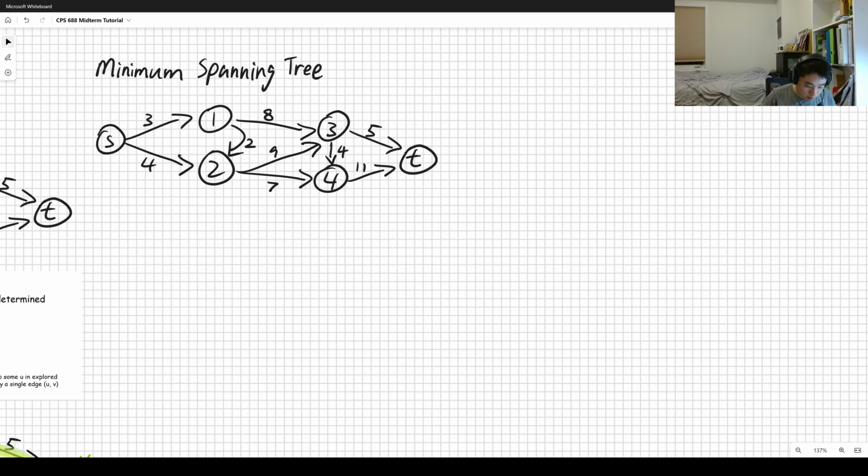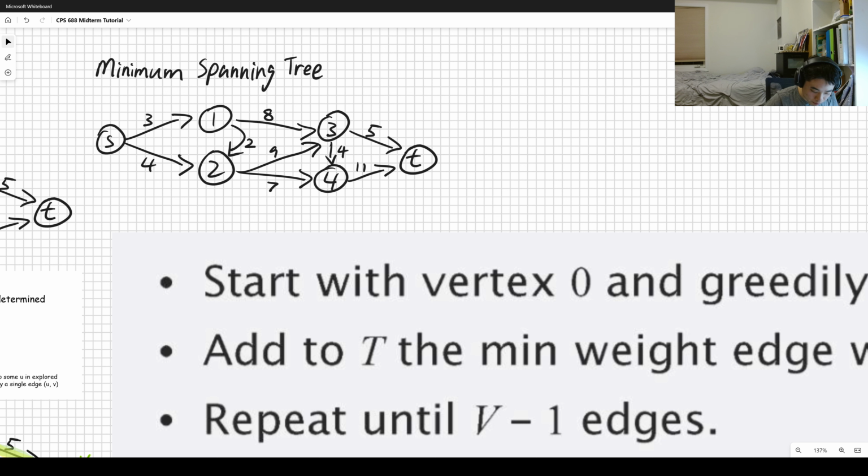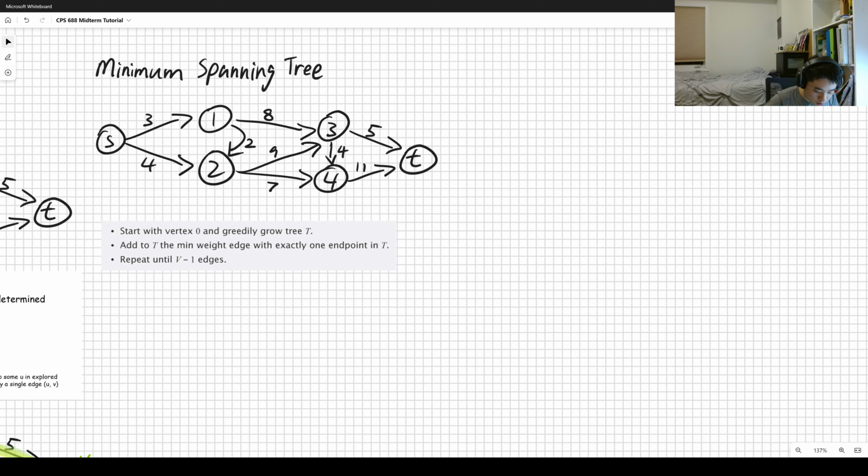So how it works is that we start at some vertex. So here's how it works.